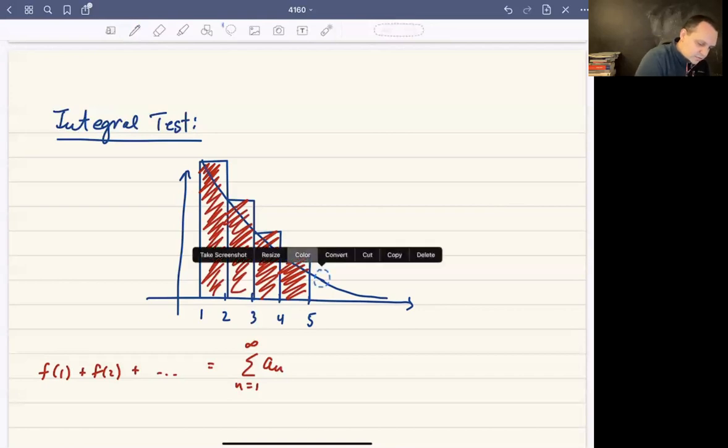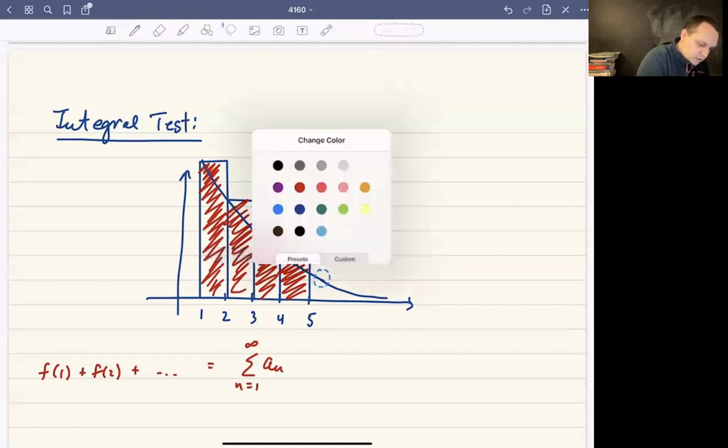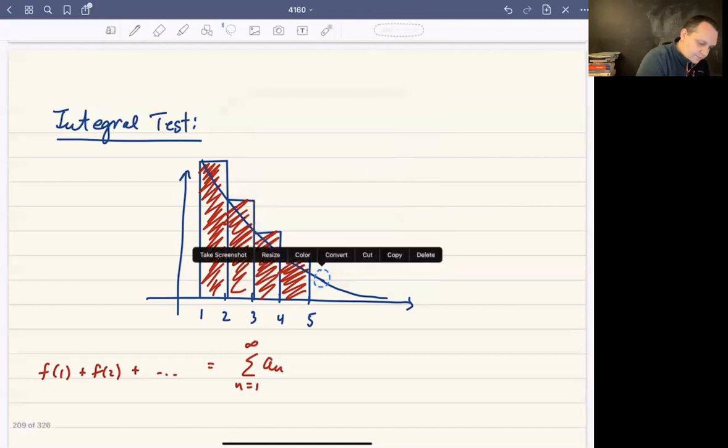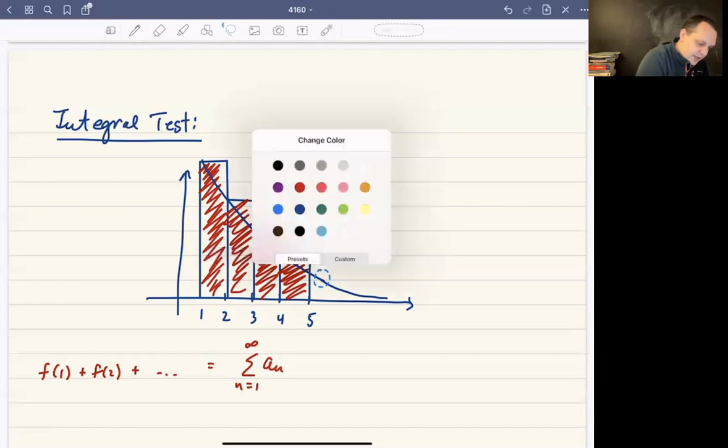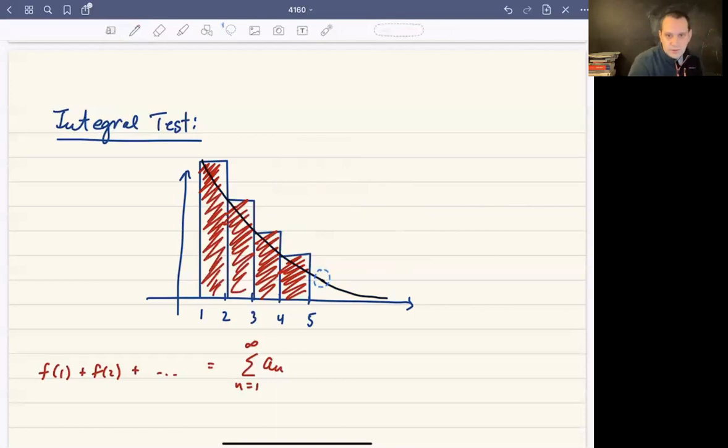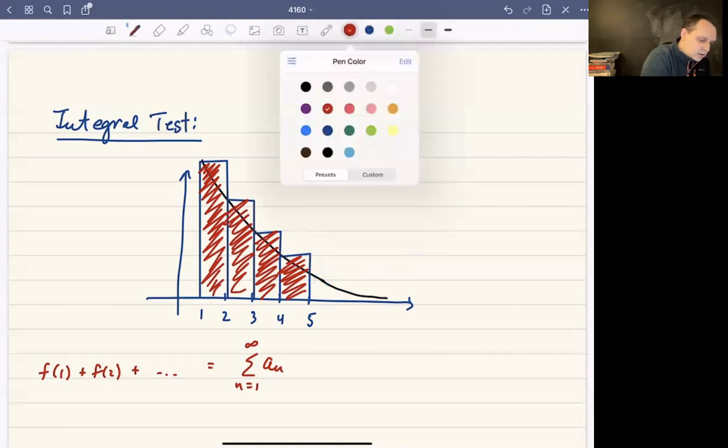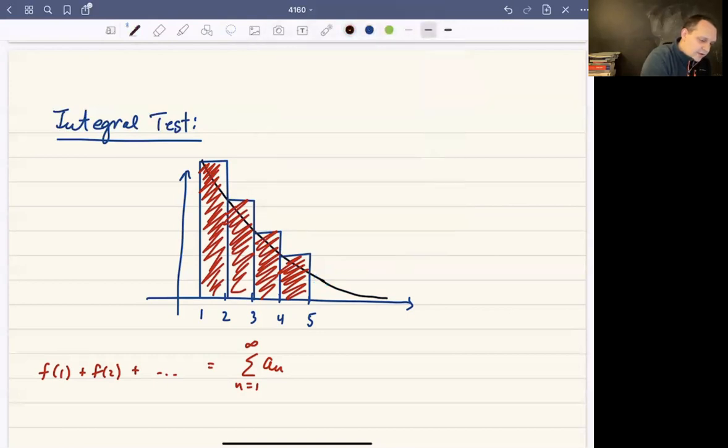Let's make this black. And then this black curve, we're going to call f of x. And then a sub n is going to be just the points on that curve corresponding to 1, 2, 3, and so on.